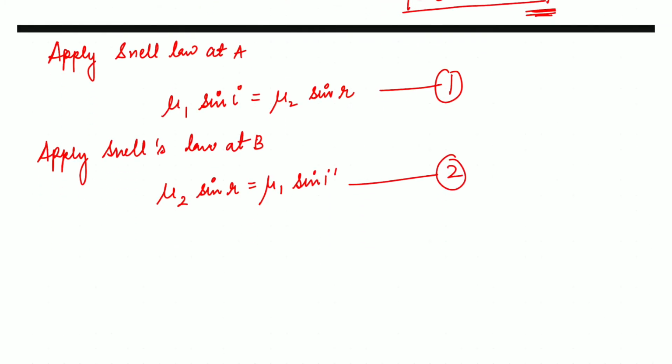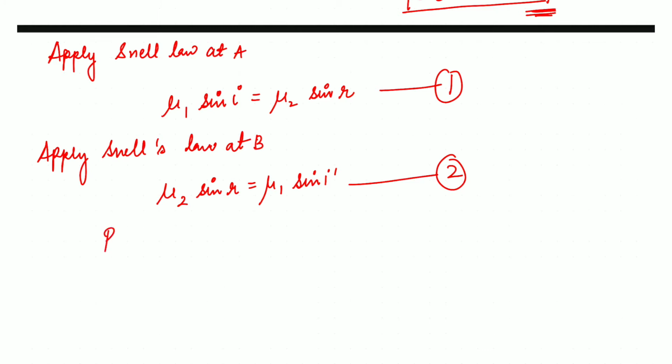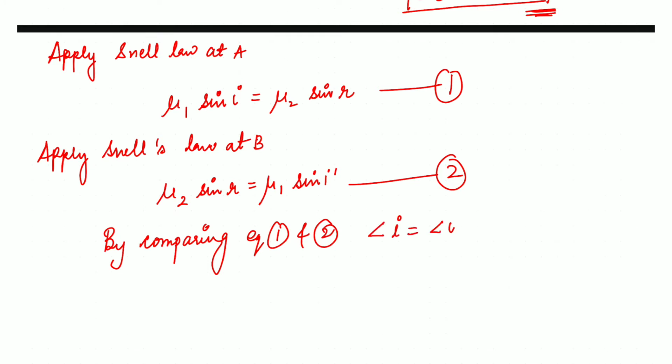Now very quickly, if I compare both the equations, you can see nu 2 sine R and nu 2 sine R are both equal. Also nu 1 sine, the difference is I dash and I. Both equations can be equated. So by comparing equations 1 and 2, I can simply say that your angle of incidence is equal to angle of emergence.